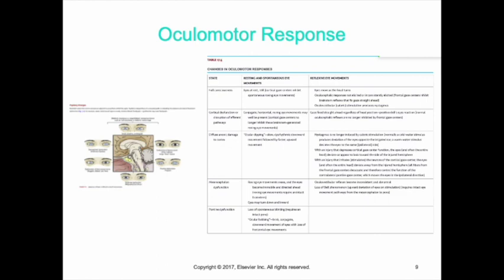And what you're trying to determine too is how this changes with resting or spontaneous eye movements versus the reflexive eye movements that we also test. And this will point to where the dysfunction may be. Is it in the pons of the brain? Is it in the encephalon? Or maybe it's at the cortex?